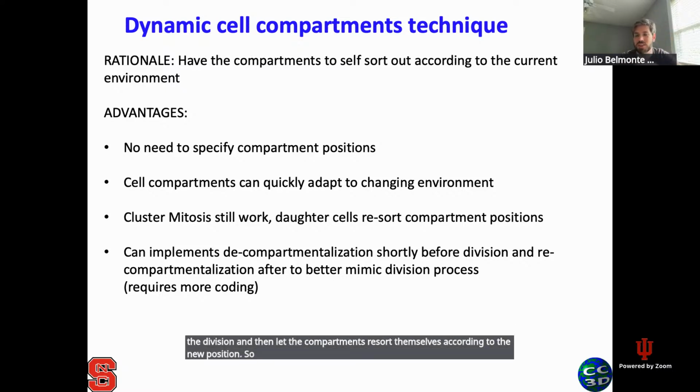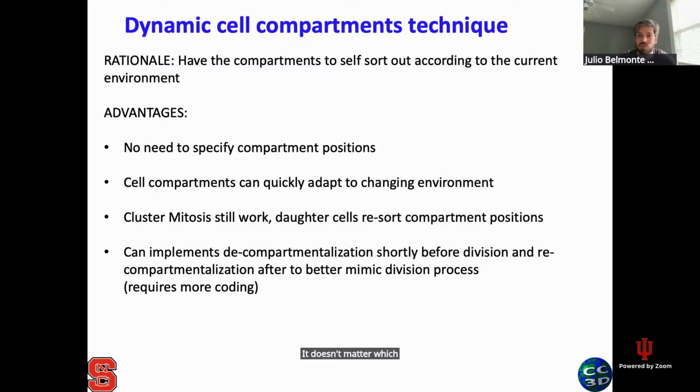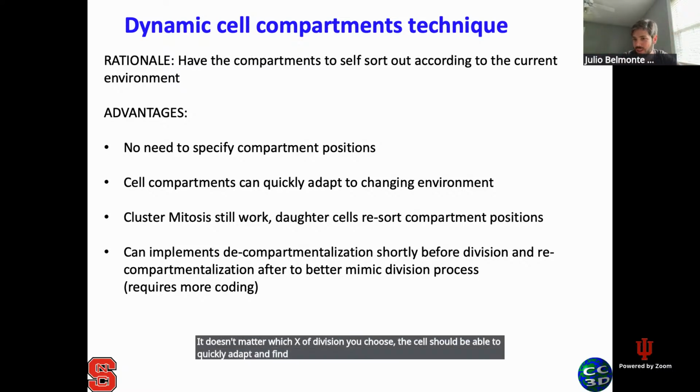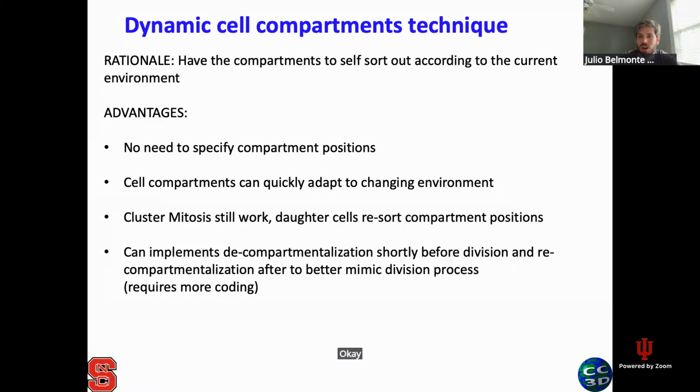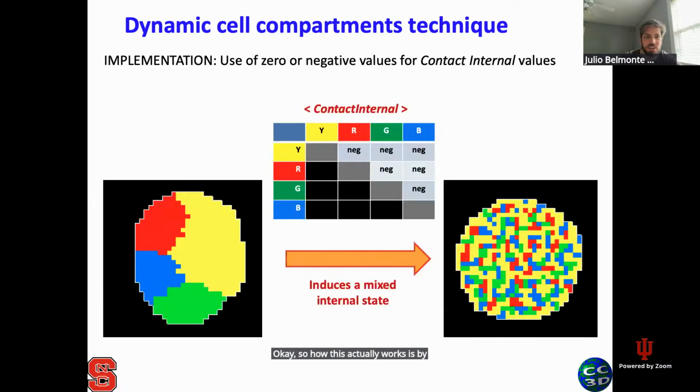So if you have a cell that's compartmentalized along the epithelium, sometimes they have to divide along the axis of the epithelium, sometimes perpendicular to the epithelium. It doesn't matter which axis of division you choose, the cell should be able to quickly adapt and find their way back into the epithelium.